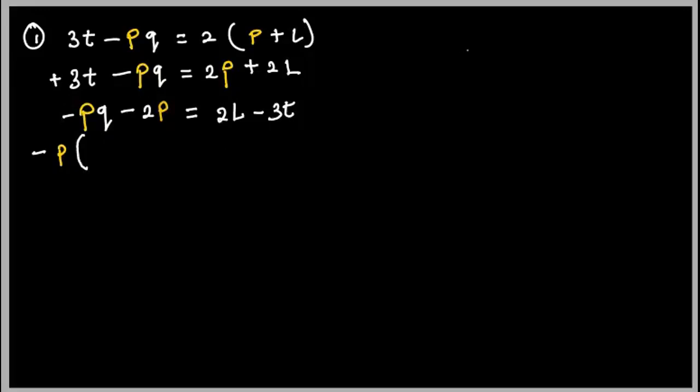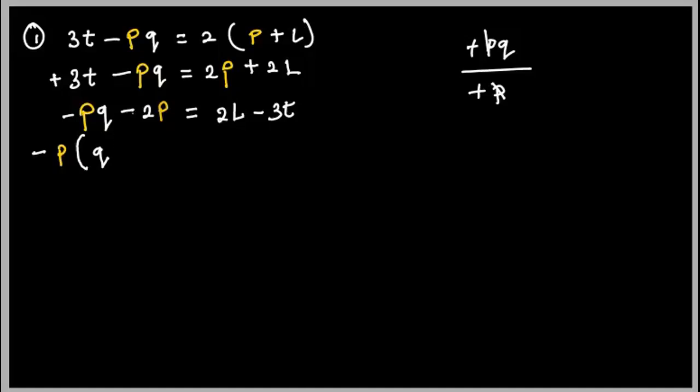The first term up here is minus PQ. Minus PQ should be divided by this common term outside the bracket, that is minus P. Minus PQ divided by the common factor minus P: you cancel minus with minus, P will cancel P, and I now have Q remaining.